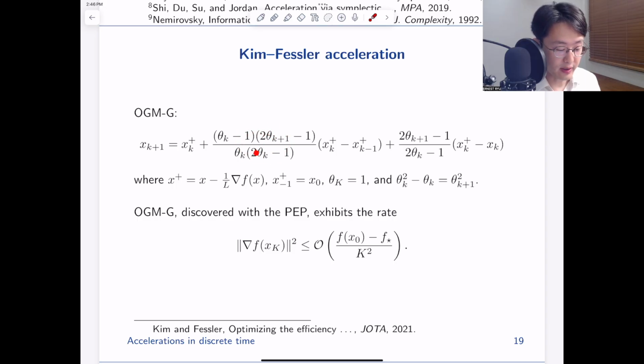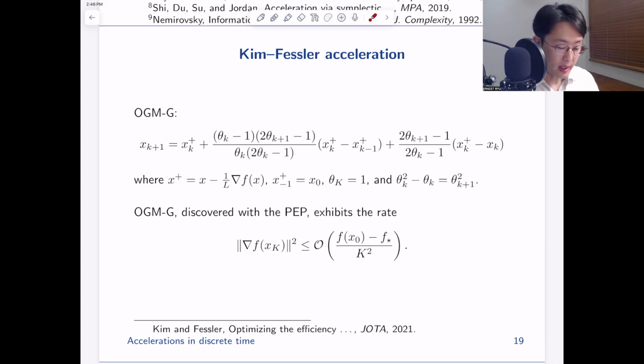Think of this momentum coefficient as just some positive number, but the values are different. I'll get to the specific values of these momentum coefficients at a later point in this slide. Compared to Nesterov's acceleration, OGMG has this additional term that I call the correction term. In my mind, this correction term is less important. In any case, OGMG exhibits a 1 over k squared rate, and it's accelerated.